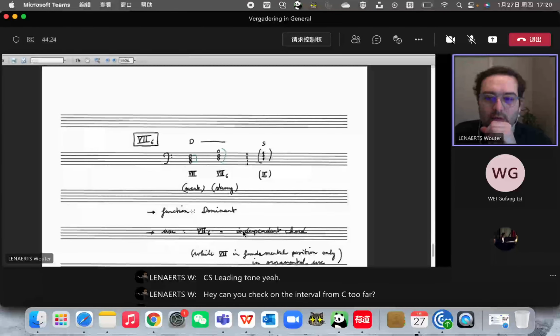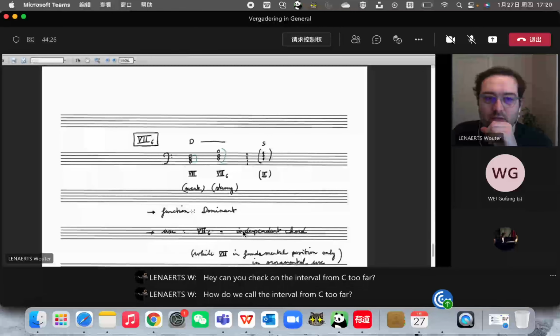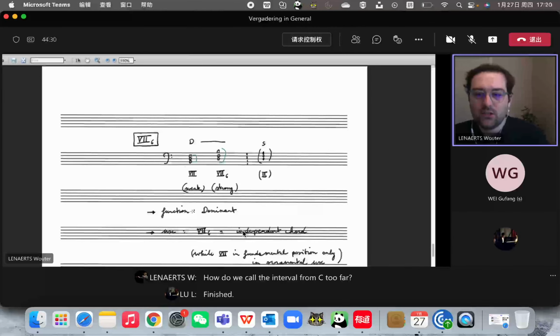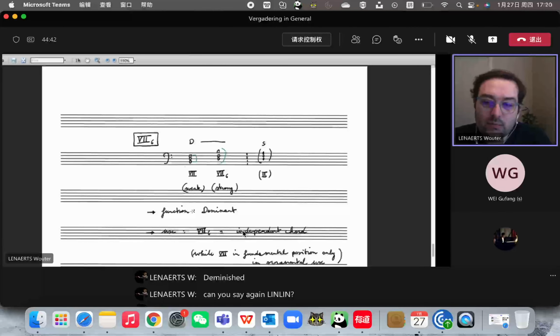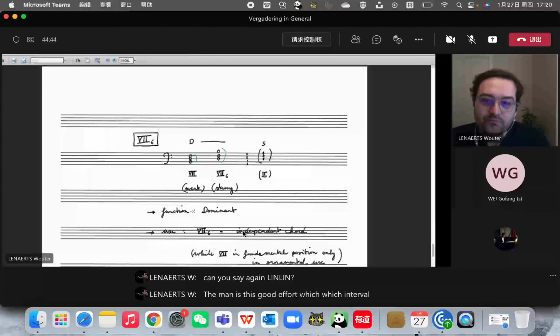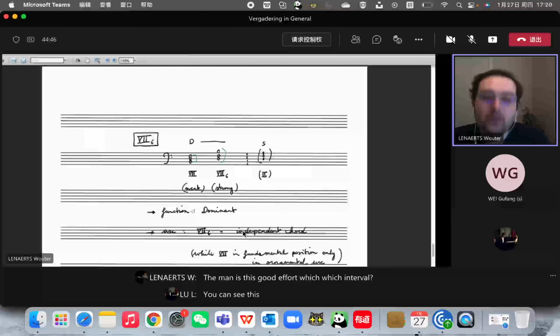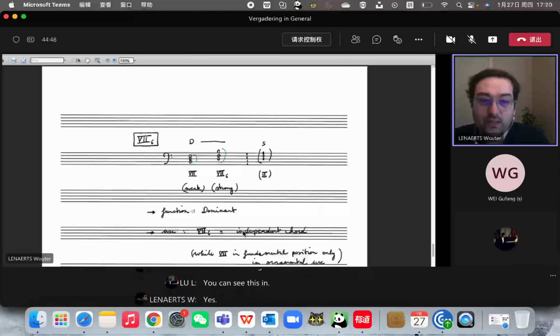How do we call the interval from Si to Fa? Diminished... Can you say again, Lilin? Diminished fifth. Diminished fifth, exactly.